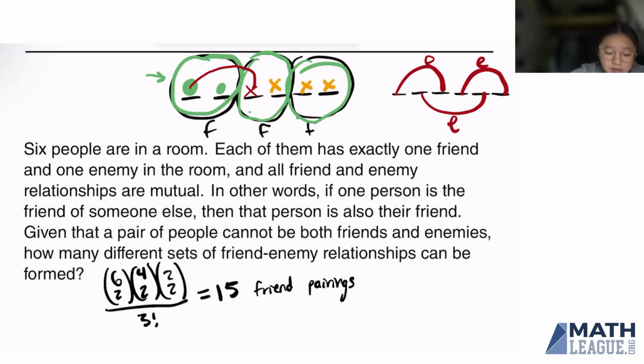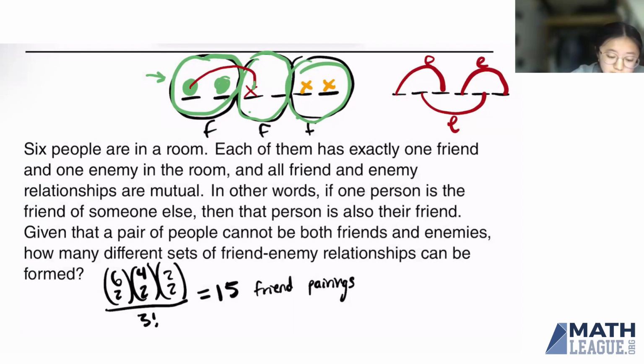No, because if these 2 were paired as enemies, then the final 2 must be paired as enemies, but they are friends. So that cannot be the case. We must get rid of the one that's friends with this person's enemy.